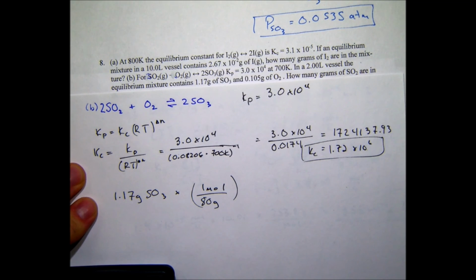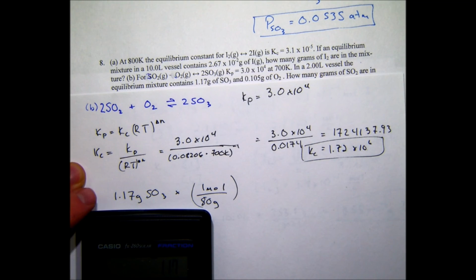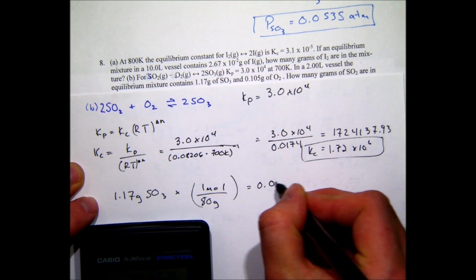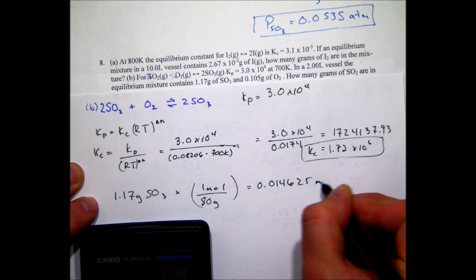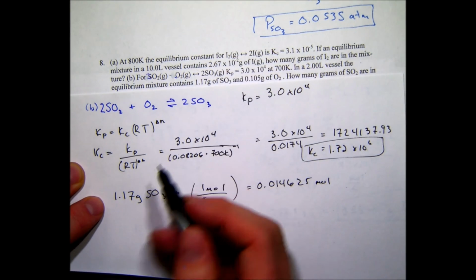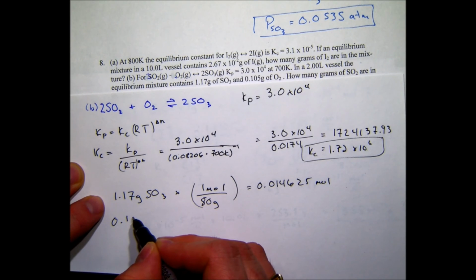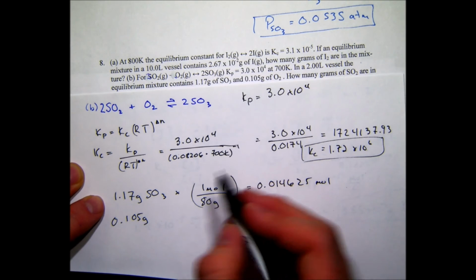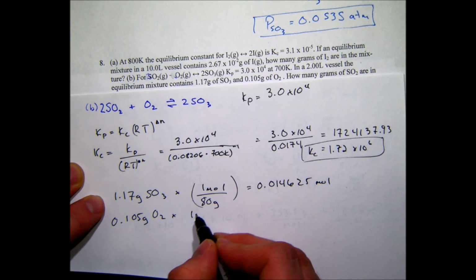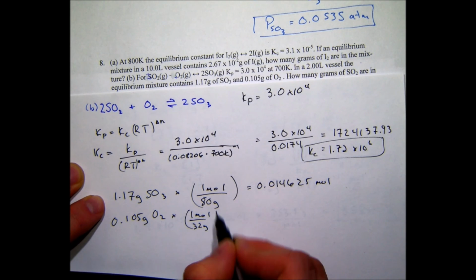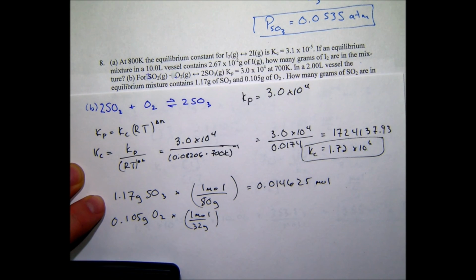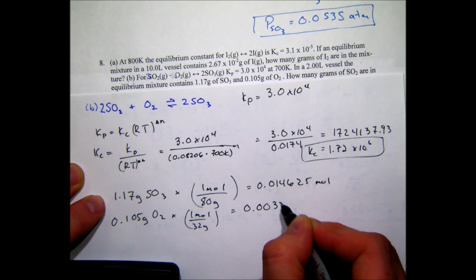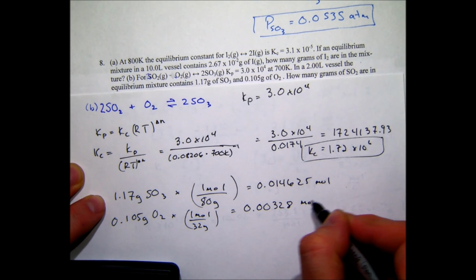So 1.17 divided by 80 equals 0.01462 moles, and 0.105 grams of O2 is 0.00328 moles.